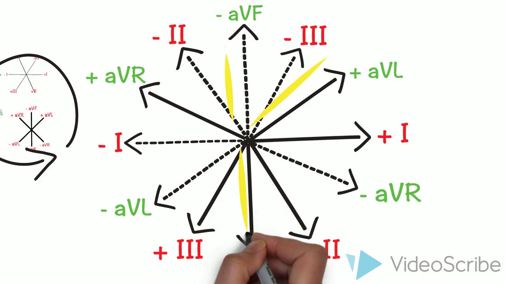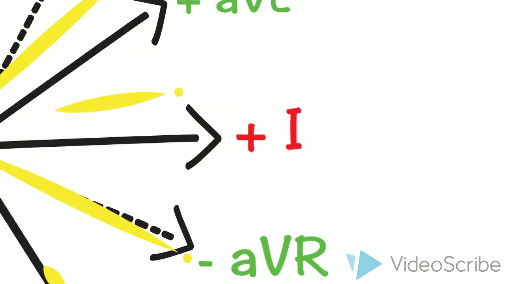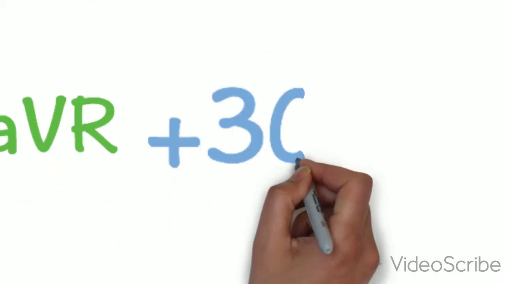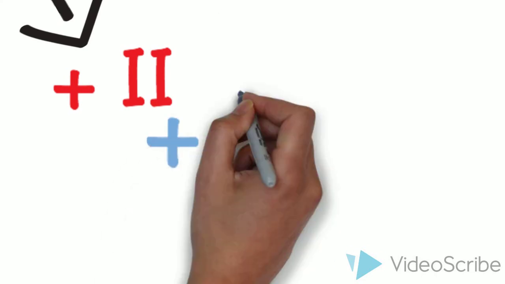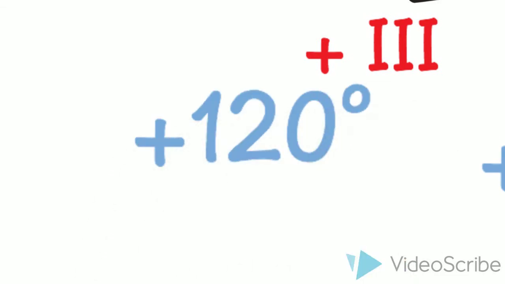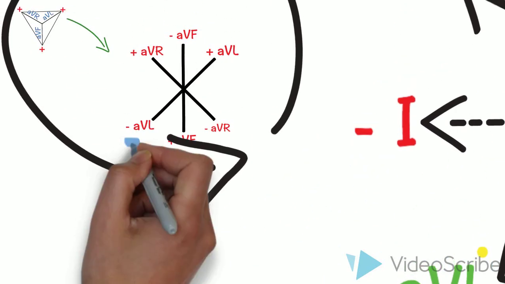The mathematics part here is to put a degree for each lead, starting with 0 in lead 1, then positive 30, and then you add 30 for every single lead. Positive 120, positive 150, and positive 180.